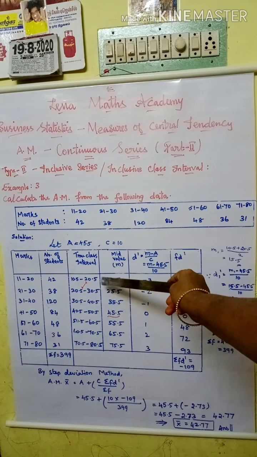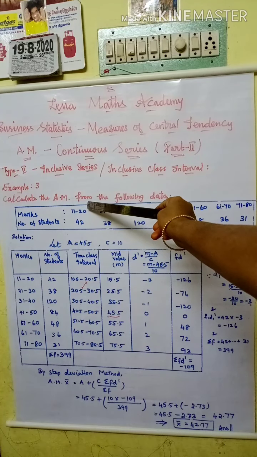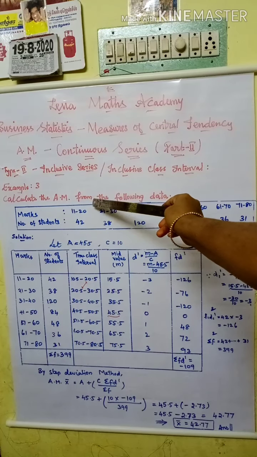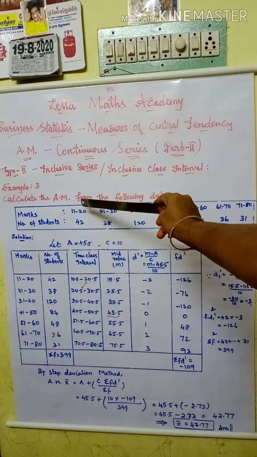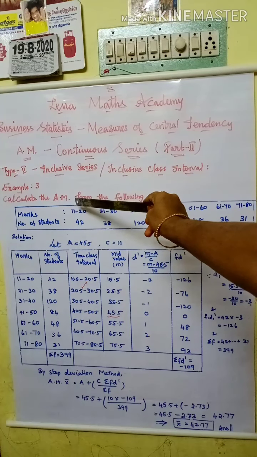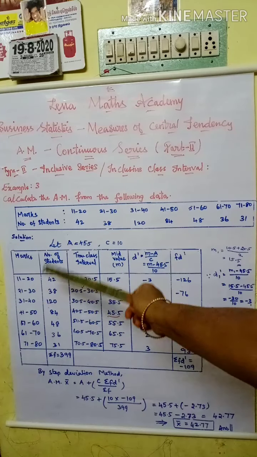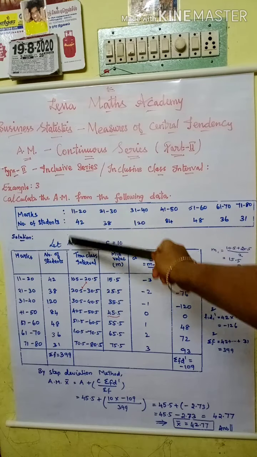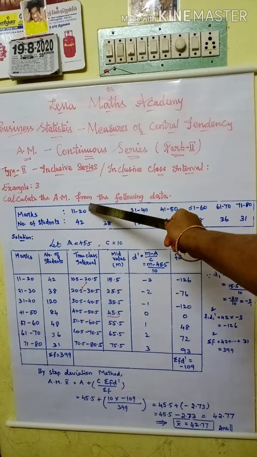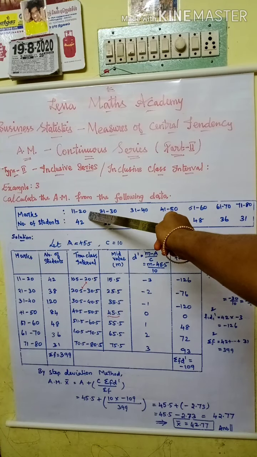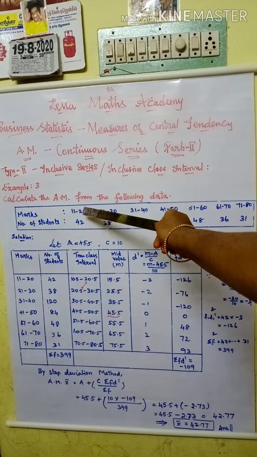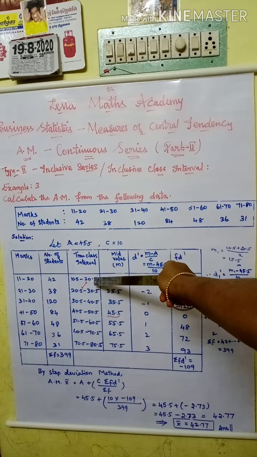How to calculate? In the first interval, 11 to 20, we subtract 0.5 from the lower limit. Here the lower limit is 11, so subtracting 0.5 we get 10.5. We add 0.5 to the upper limit: the upper limit 20 plus 0.5 gives 20.5.